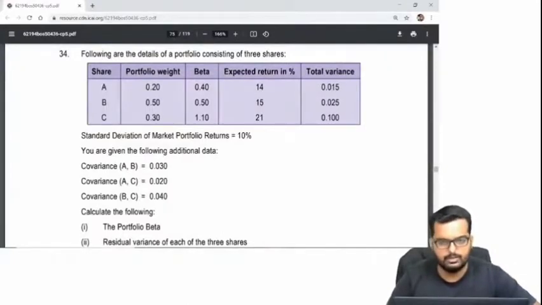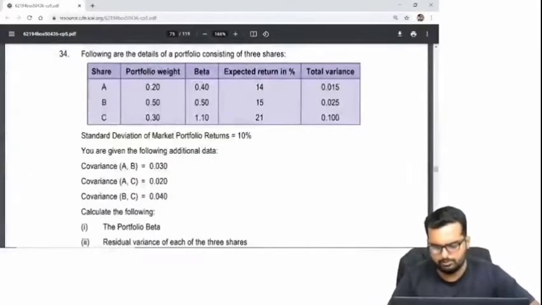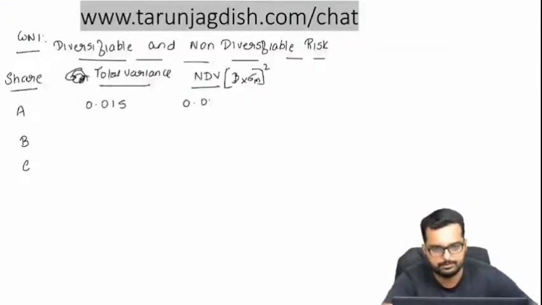So that will turn out to be 4 square is 16. No, we cannot write it that way, it will be 0.4 into 0.1, this whole square. 0.4 into 0.1 is 0.04. 0.04 into 0.04 will give you 0.0016.